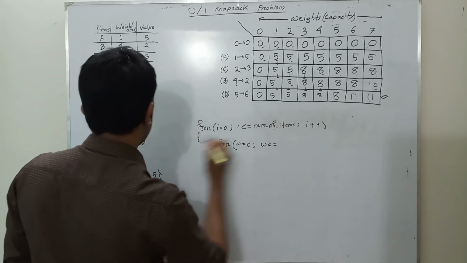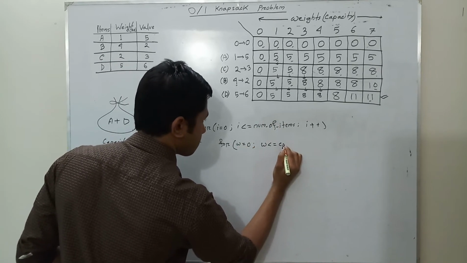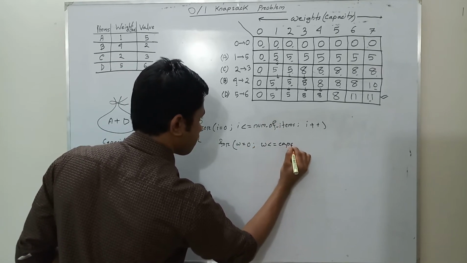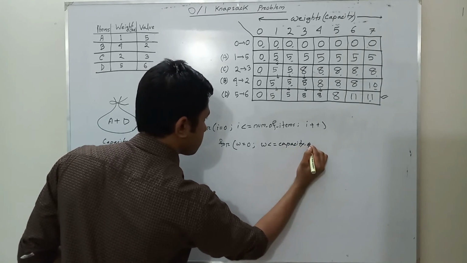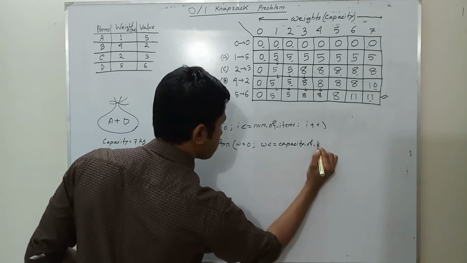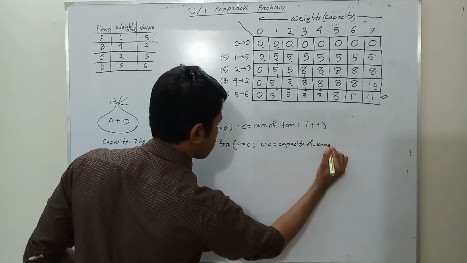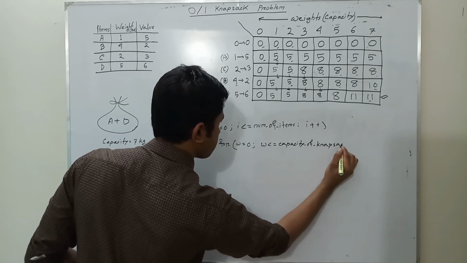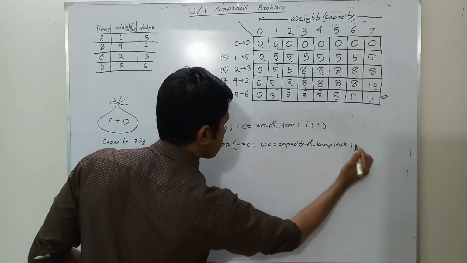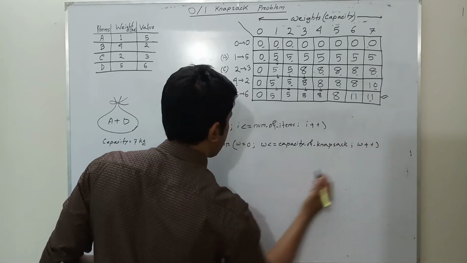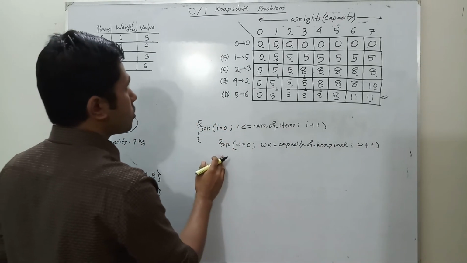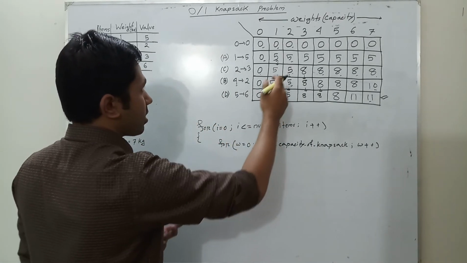And then W equal the capacity of the knapsack. These two loops will cover those fields.